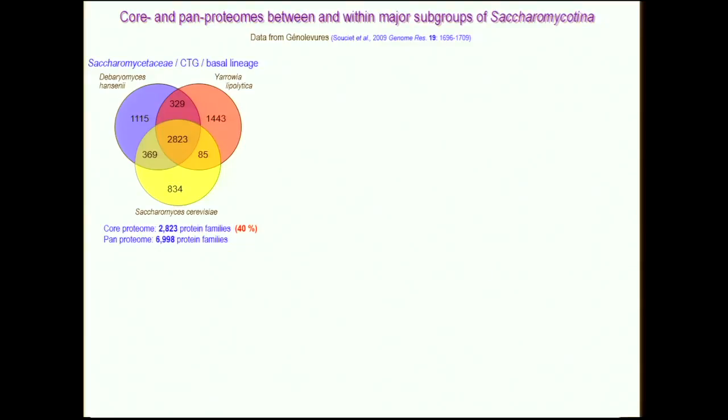This is between three groups: one example of Saccharomyces, Saccharomyces cerevisiae, one example of CTG, the Barnyomyces, one example of the basal group. And you see that the number of proteins which are common to all three is only 40% of the total number of proteins in the three species.